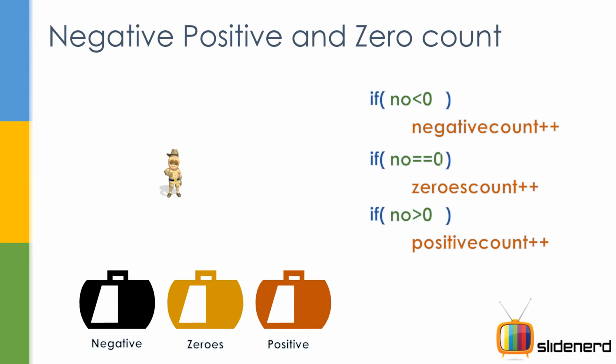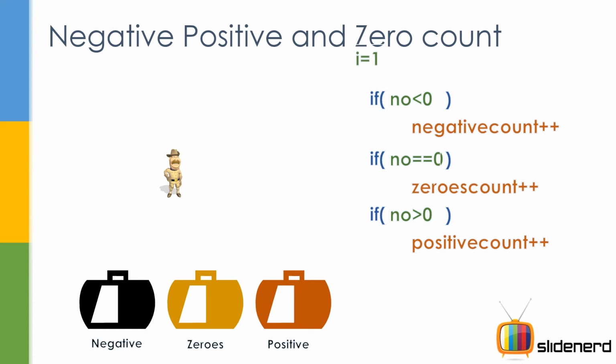Now this entire 3 steps you do for one number, right? So given a number like 5 or a number like -3, you check if it is less than 0, you check if it is equal to 0, you check if it is greater than 0, and based on that you increase the count.